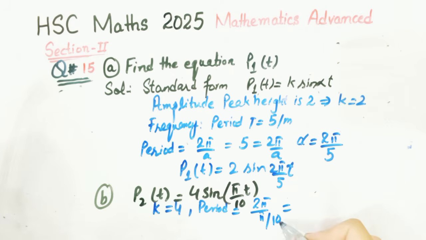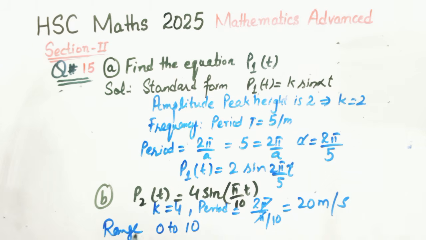So we get the period equals 2 pi divided by pi by 10. Pi and pi cancel out, 2 times 10 gives 20. So 20 is the period, and the domain range of this is from 0 to 10. This is the domain, and it represents exactly half of our full wave, the upper crest.